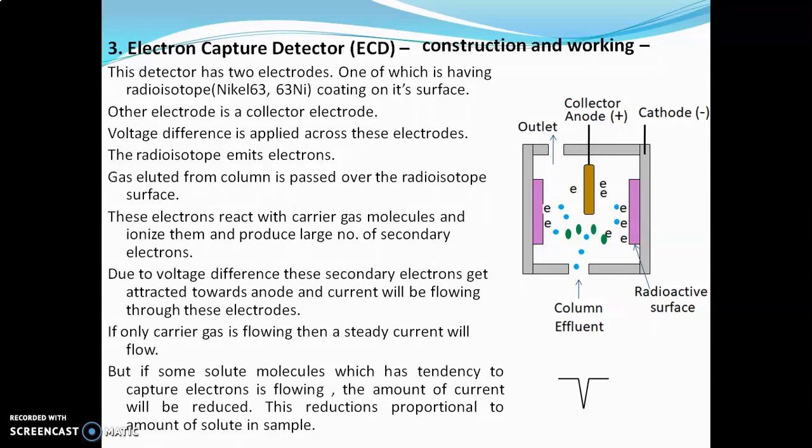Now here in this case an inverted peak is obtained in the electron capture detector. The software will convert it into a regular peak and we will get a chromatographic peak by this ECD detector.